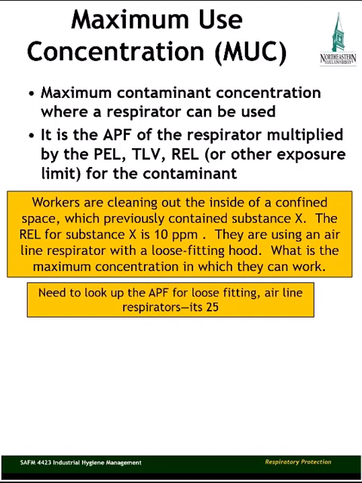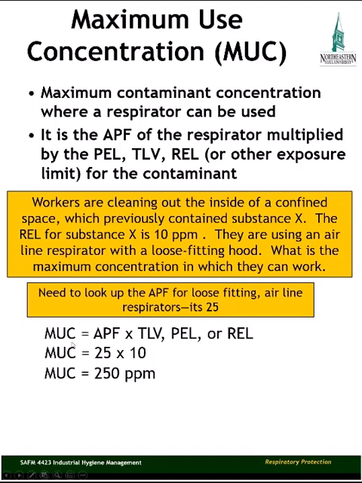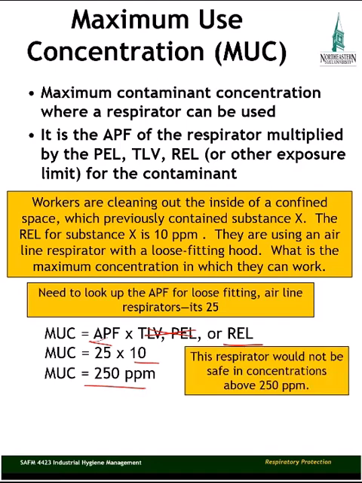It's 25. Then we take the APF and multiply it by, in this case, the recommended exposure limit, which is 10. The maximum use concentration is 250 parts per million. The respirator would not be safe in concentrations above 250 parts per million.